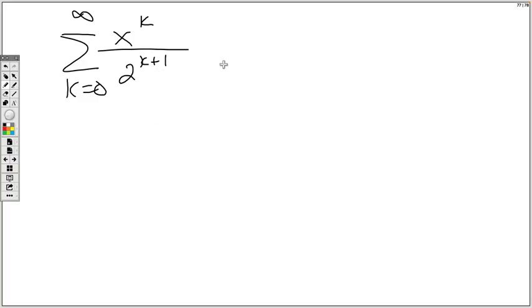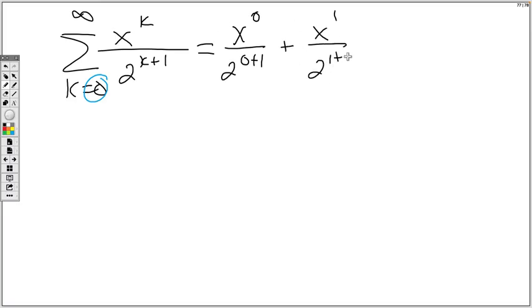First off, let's talk about what happens when we go to write this out. We have an x up here. Now notice the first k you plug in is k equals what? 0. So this would be an x to the 0 over 2 to the 0 plus 1, and then an x to the first over 2 to the 1 plus 1, plus an x squared over 2 to the 2 plus 1, and so on.